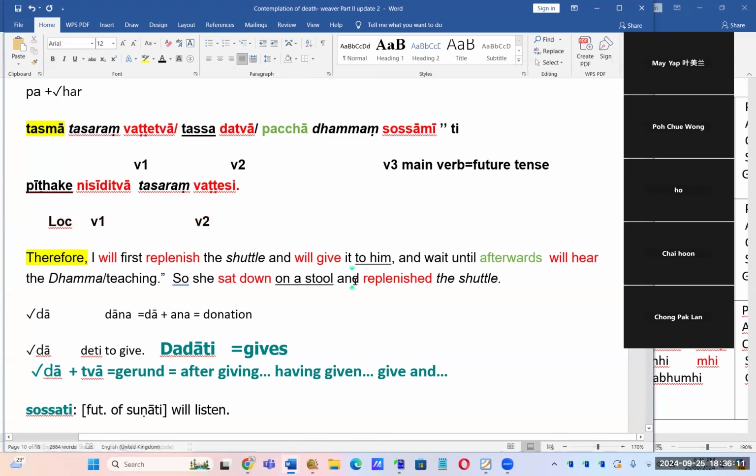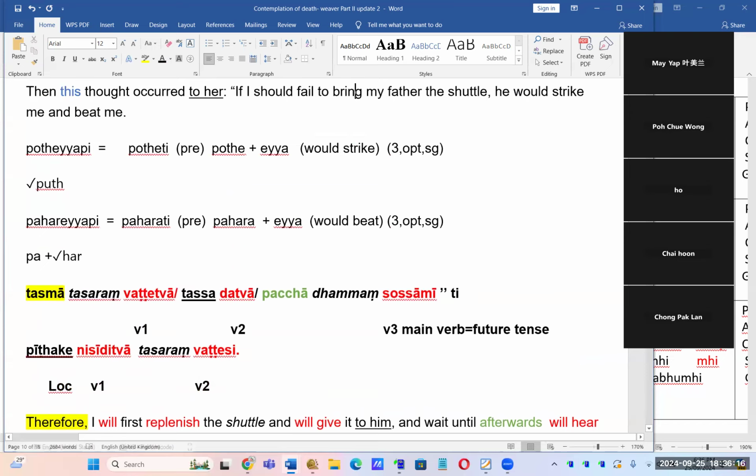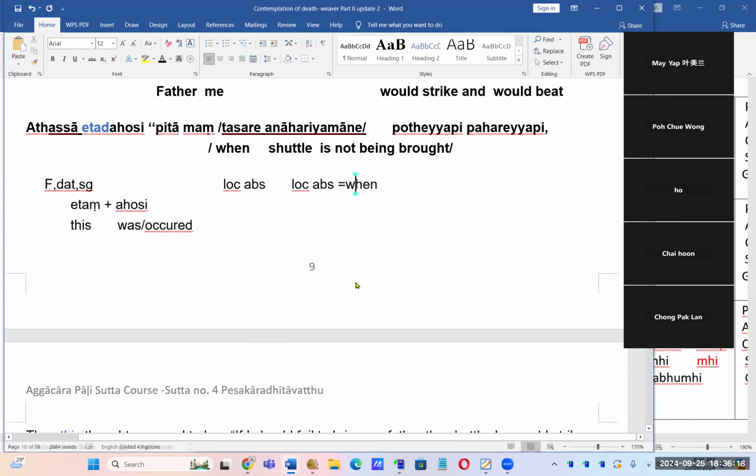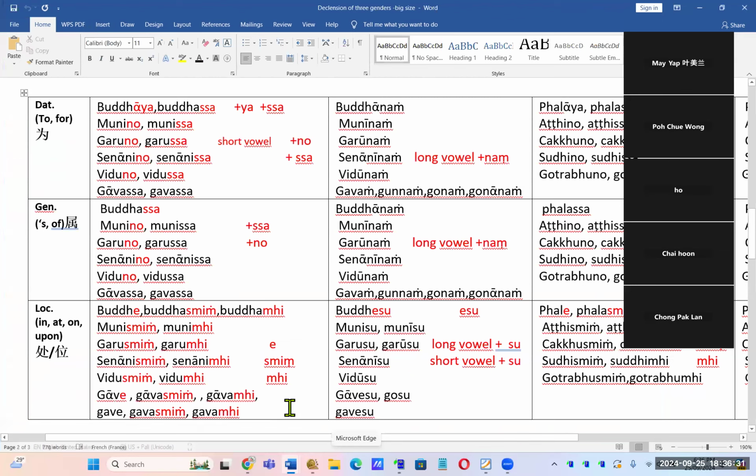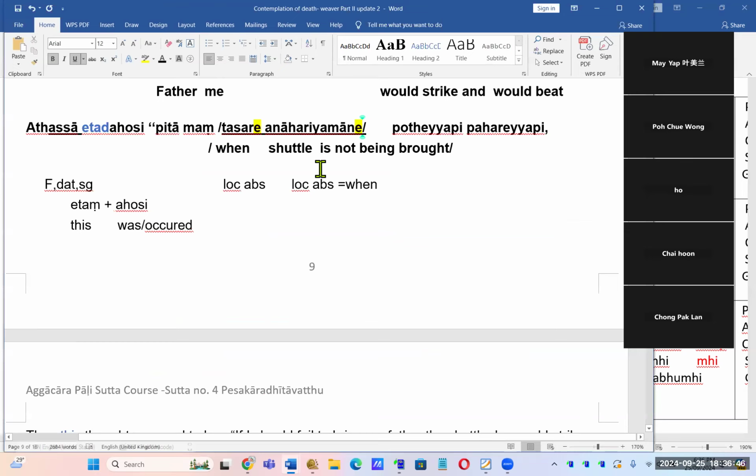Sorry, Sayadaw, I want to ask about the earlier one. When you say locative absolute, what does it mean? Does it mean it is a time? Yes, yes. We use it. You will see this here. This is a locative, right? How do you know it's locative? Because locative finishes with "asmin," "amhi." Another one is letter e, which we pronounce as a, "bude," a. So this is locative, right? But this locative here is not used in the sense of place.